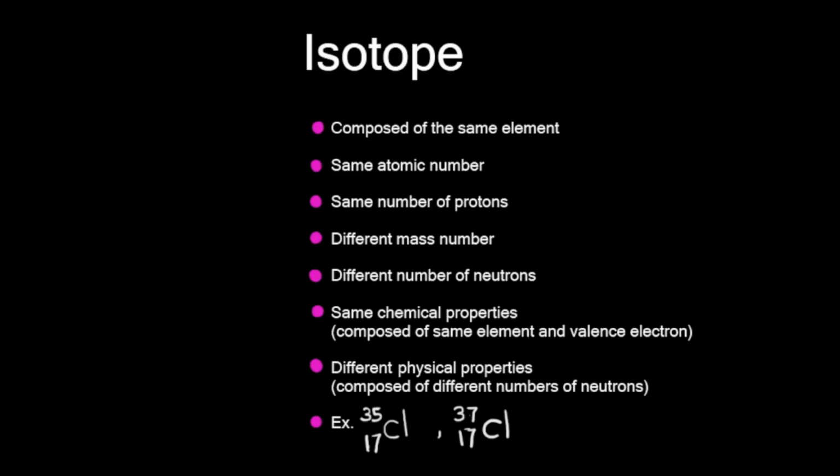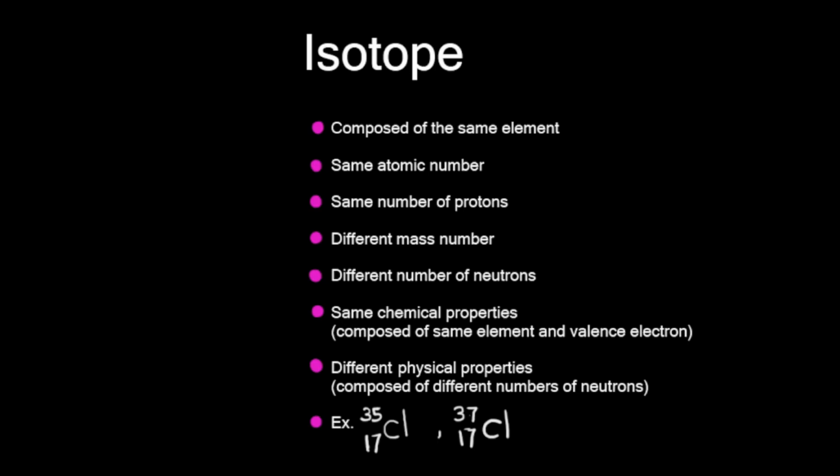The standard definition of an isotope is an atom of the same element that has the same number of protons but a different number of neutrons. Because isotopes have the same number of protons, they belong to the same element and share the same atomic number. However, they differ in their mass number and in the number of neutrons. The chemical reactivity of isotopes is essentially the same because they are composed of the same element and they have the same number of electrons, especially the same arrangement of valence electrons.